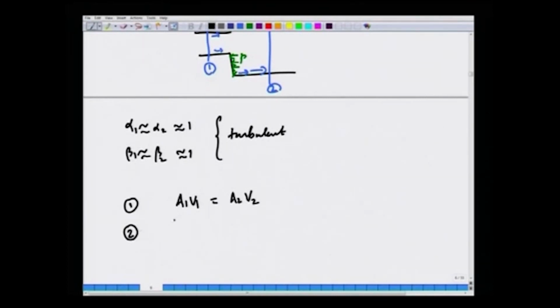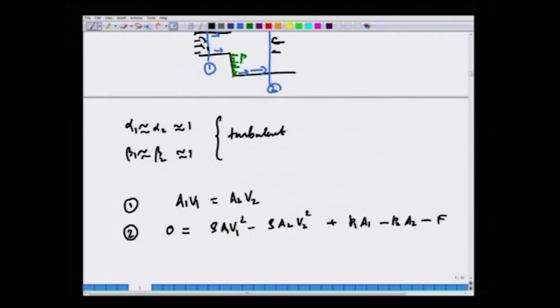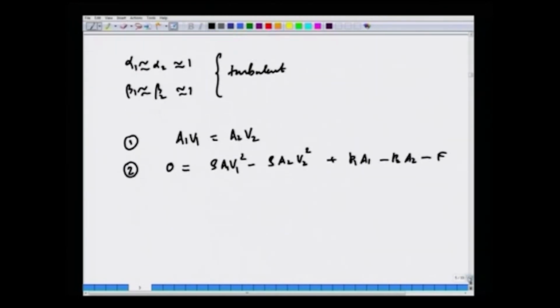The momentum balance tells you that at steady state, 0 is rho A1 V1 squared minus rho A2 V2 squared plus P1 A1 minus P2 A2 minus F, where P1 A1 and P2 A2 are the forces acting when the fluid is entering and leaving the control surface, and F has both tangential and normal components.